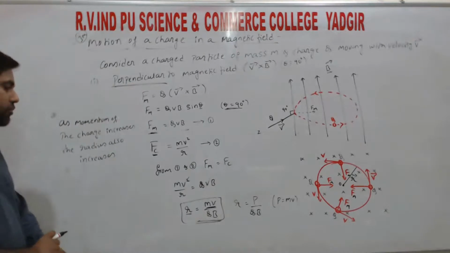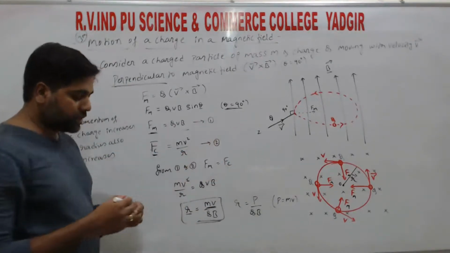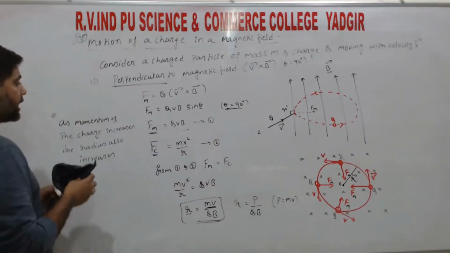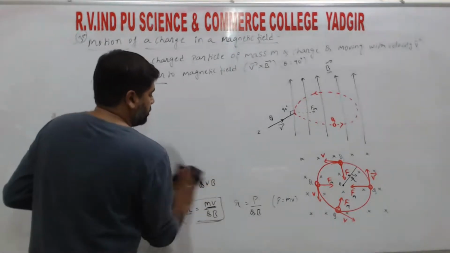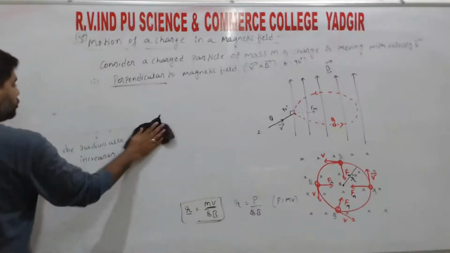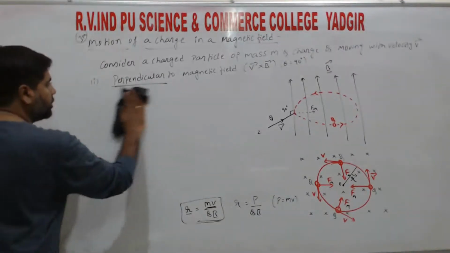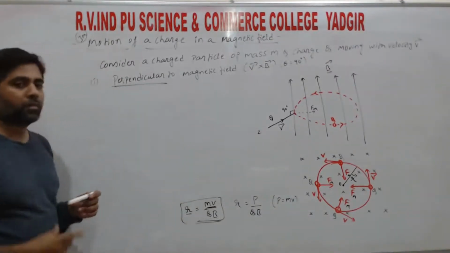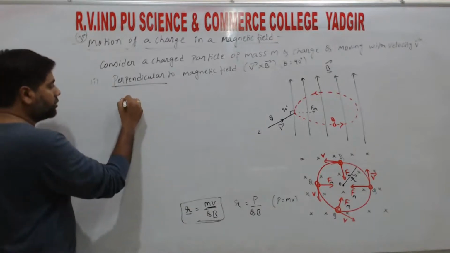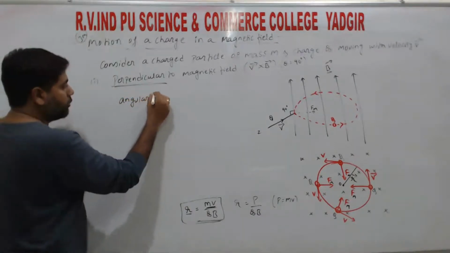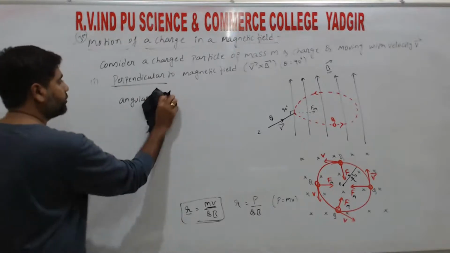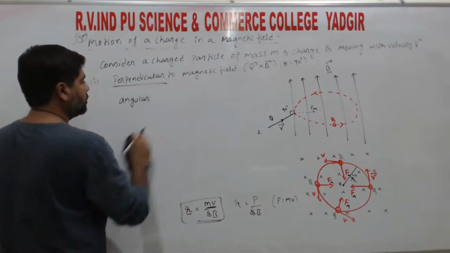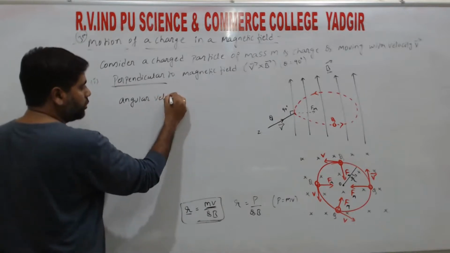Since there is a circular path, we get the time period and the frequency. We need to calculate those two relations also. First, angular velocity.